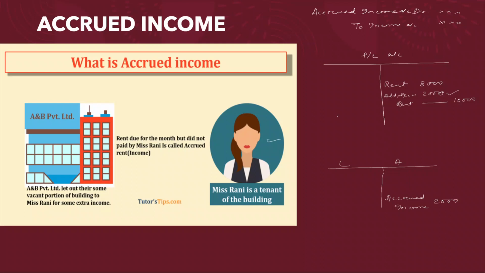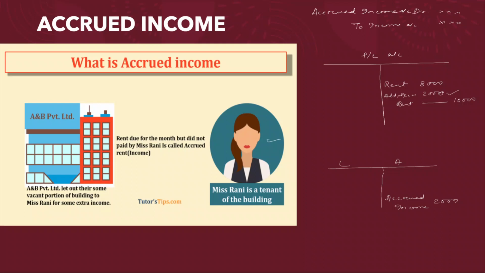One more example I can give is commission. We usually have commission given in textbooks. So commission, add accrued commission. If nothing else is given, only accrued commission is given, then you simply write accrued commission.